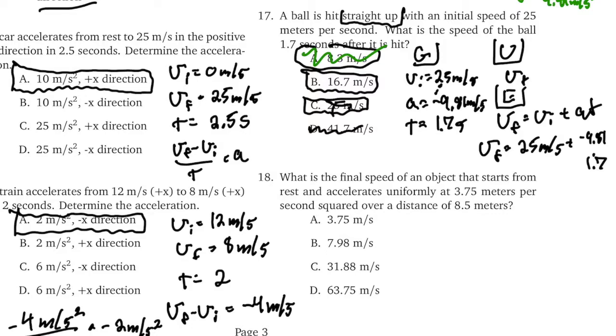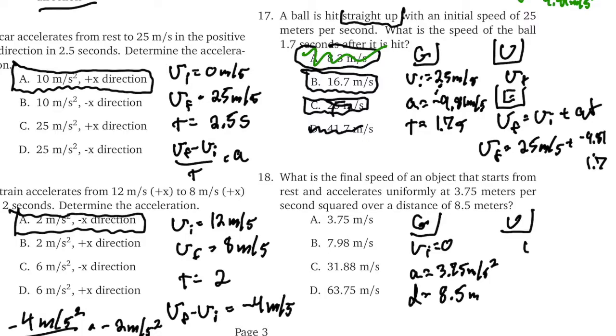All right, 18. So our given, it starts from rest, so V initial equals 0, accelerates uniformly at 3.75 meters per second squared, and that distance is 8.5 meters. We're trying to solve for V final. My equation is V final squared equals V initial squared plus 2AD.